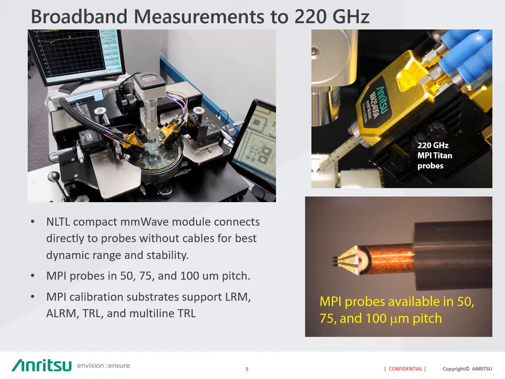The probes that the module connects to are the MPI Titan probes, and they're available in 50, 75, and 100 micron pitch. MPI also offers calibration substrates that support a wide range of calibration capabilities.